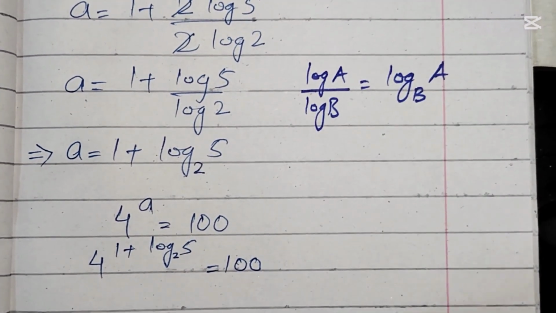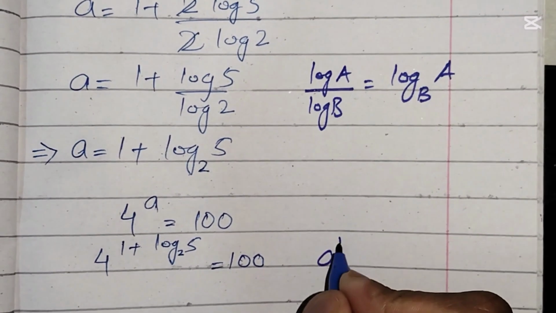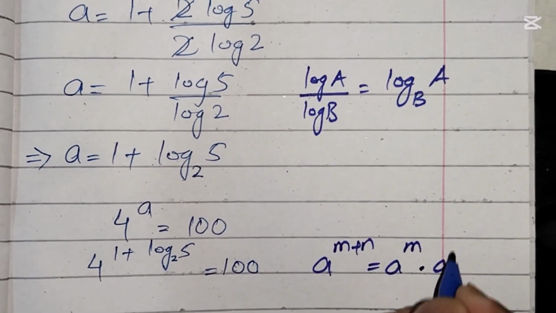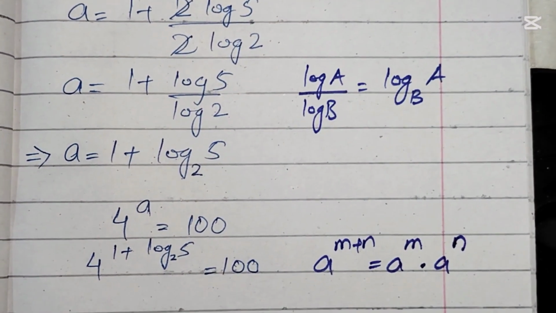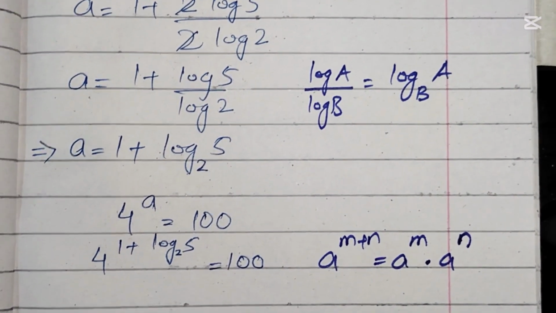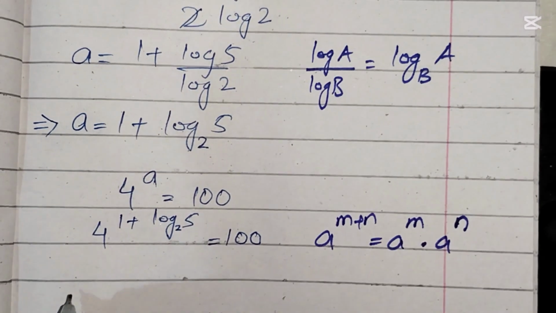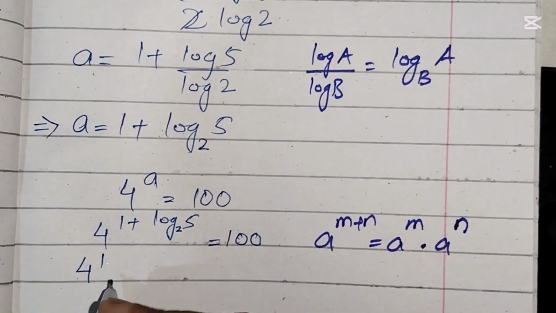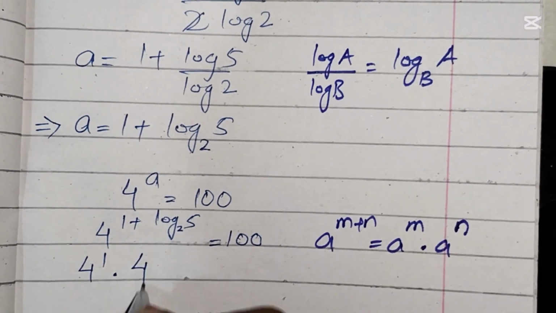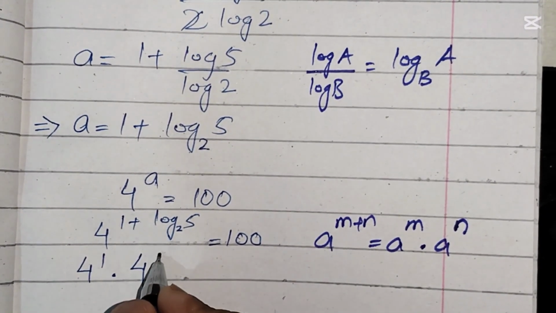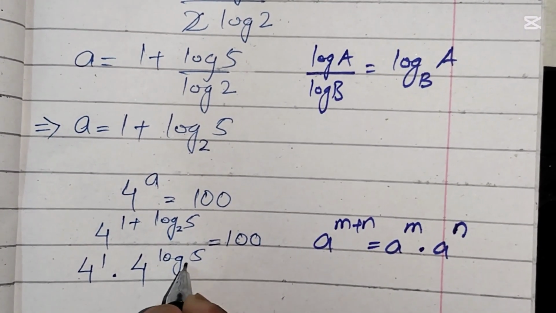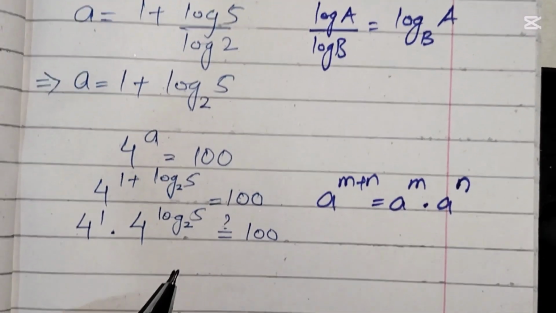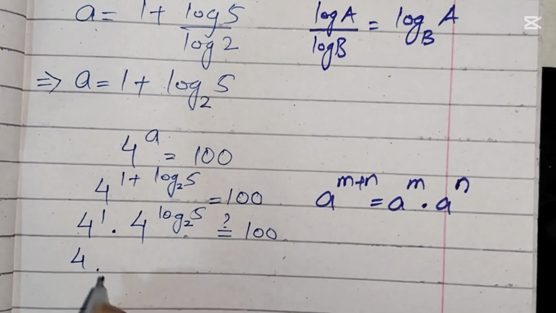Now we will use the formula a power m plus n equals a power m times a power n. So the left hand side will become 4 power 1 times 4 power log of 5 with the base 2, equals 100. 4 power 1 is 4.